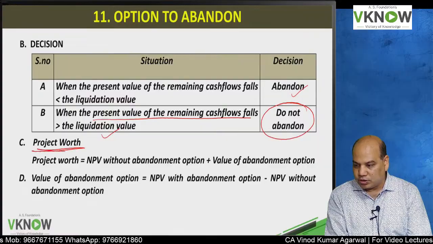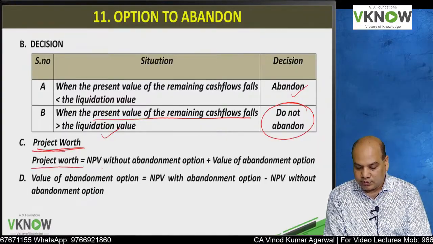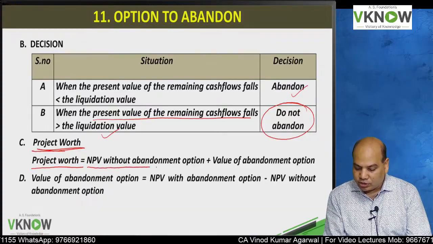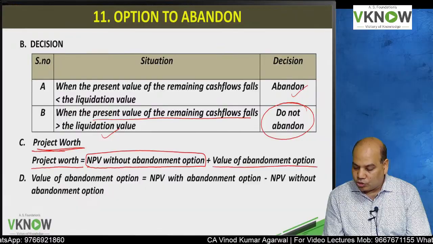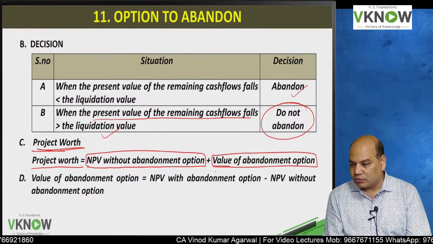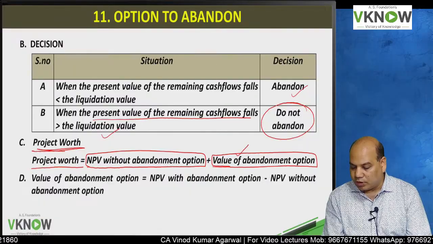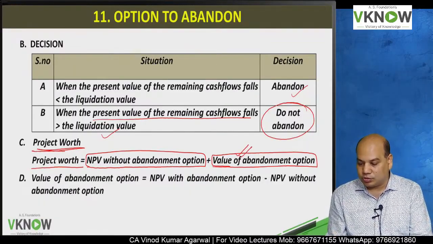Worth of the project with abandonment option will be NPV without abandonment option plus the value of the abandonment option. The project value goes up because you have the abandonment option also.